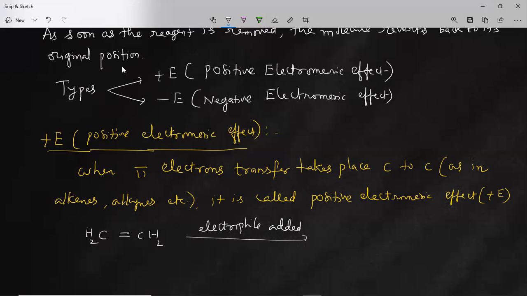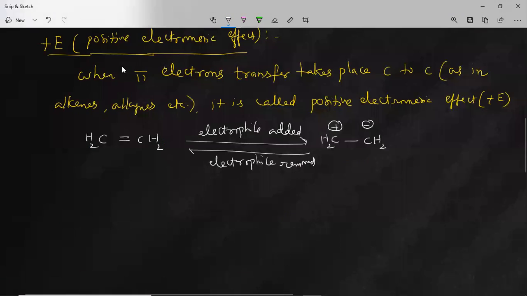One carbon will get a positive charge, the other one will get a negative charge. If you see the reverse direction, when the electrophile is removed, again we will get the original compound, that is nothing but the alkene.